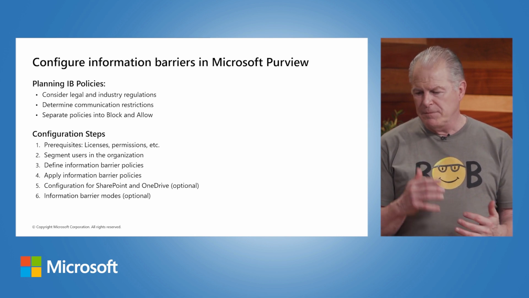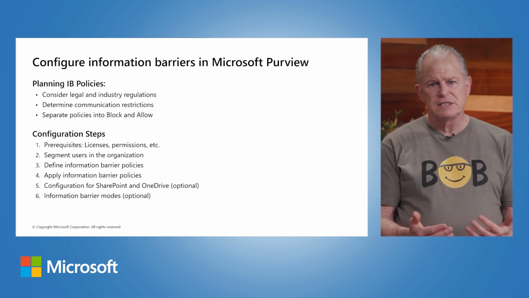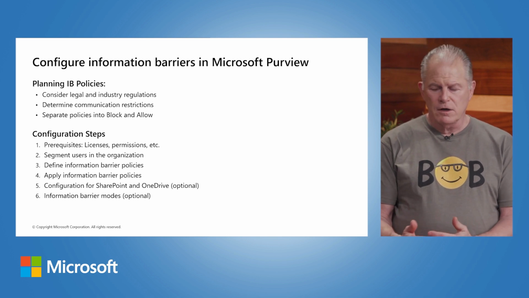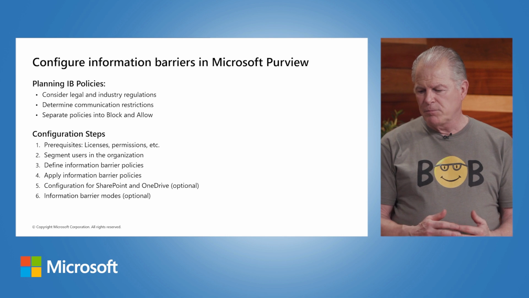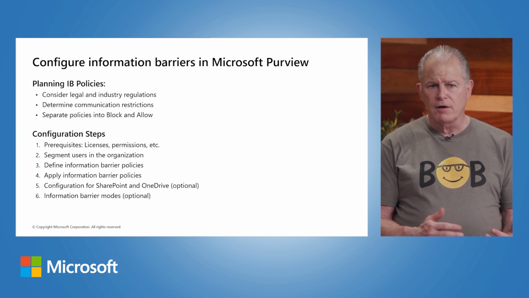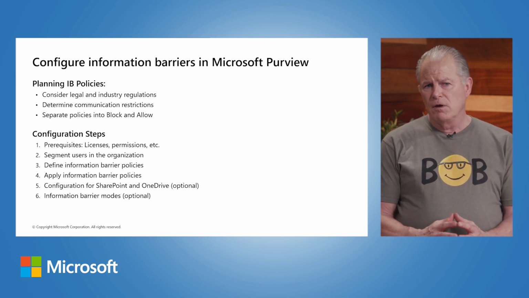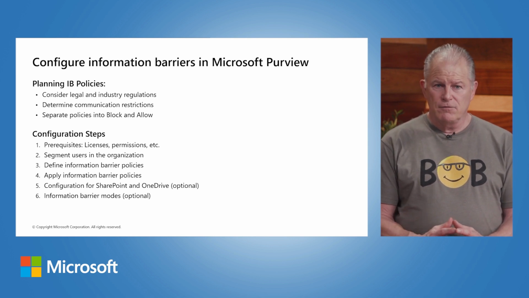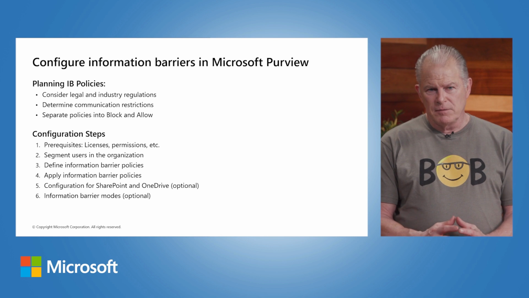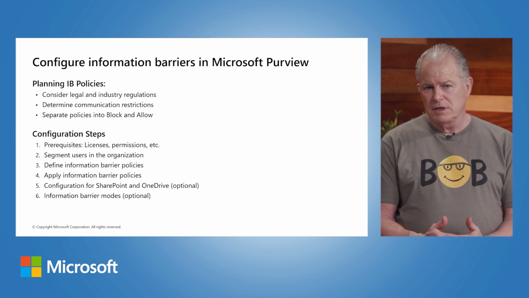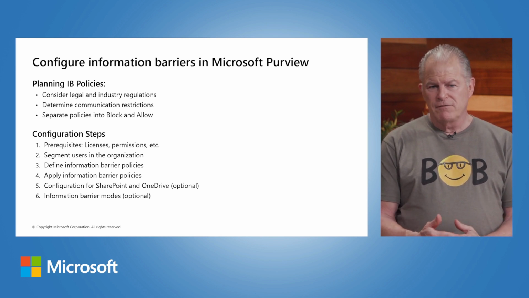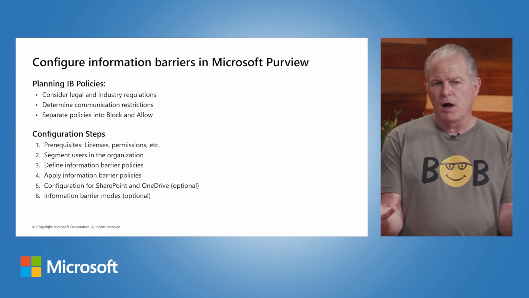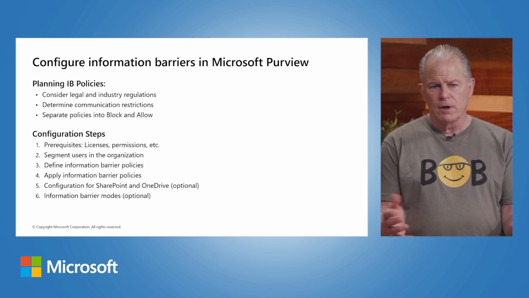You want to go through and consider legal and industry regulations to see who can talk to which groups. Separate policies into a block versus an allow. Don't block something unless you need to, because blocks actually prevent it. Typically in most security models, if I have an allow and a block, the block will take precedence in the order of operation.